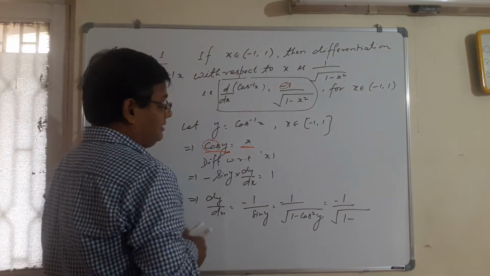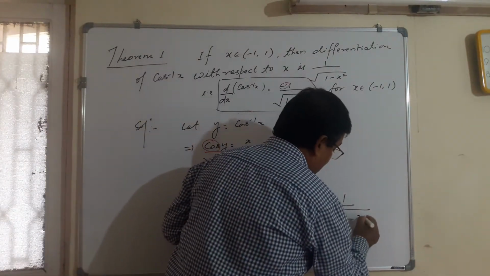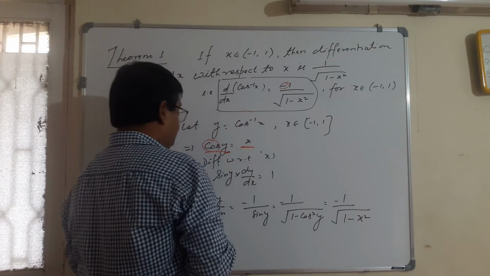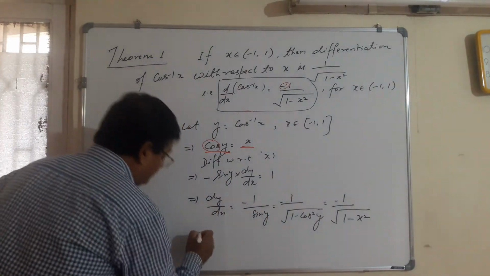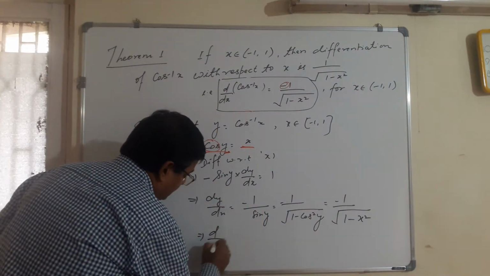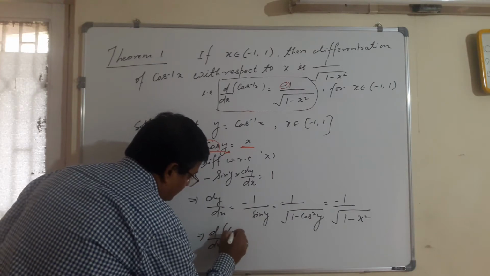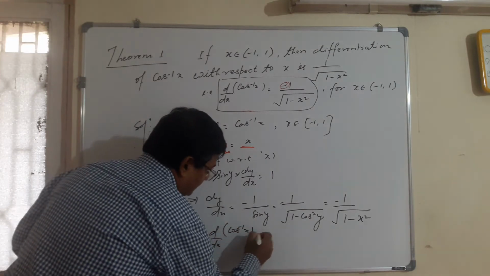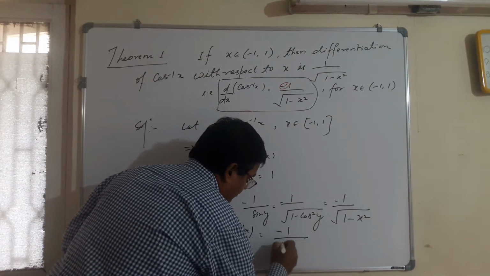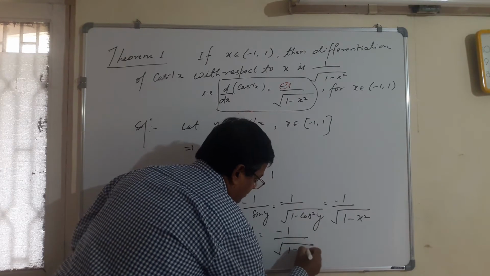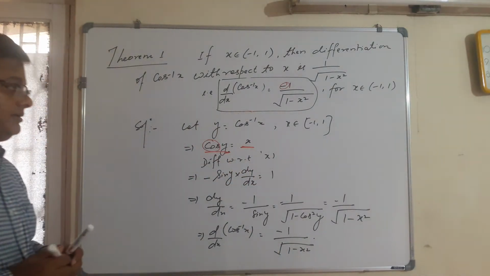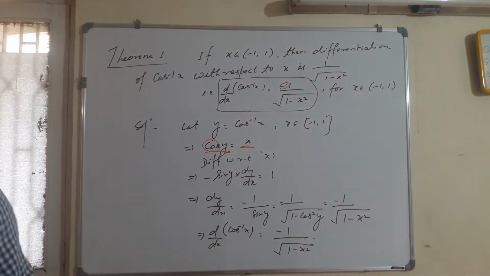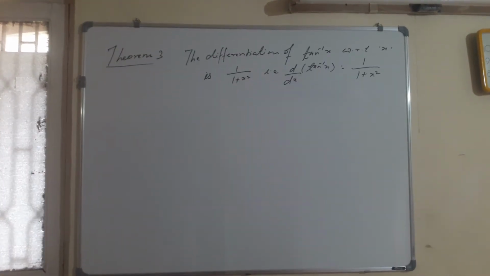So we come here x square. So differentiation of cos inverse x is equal to minus 1 over square root 1 minus x square.